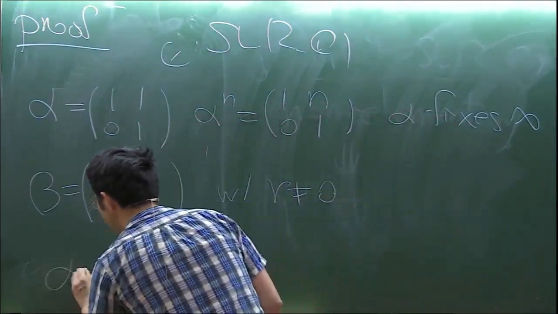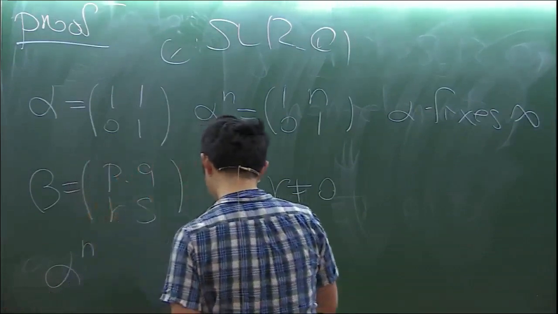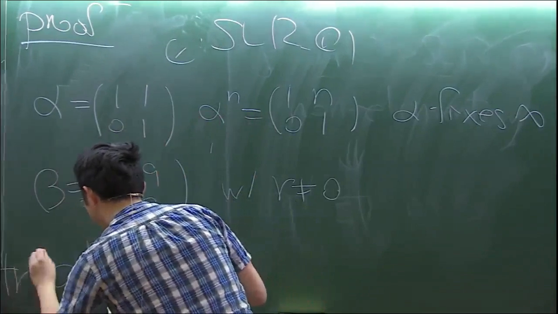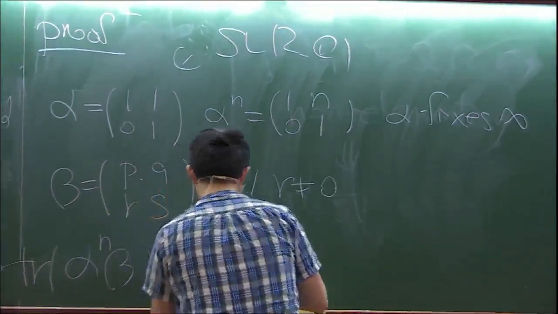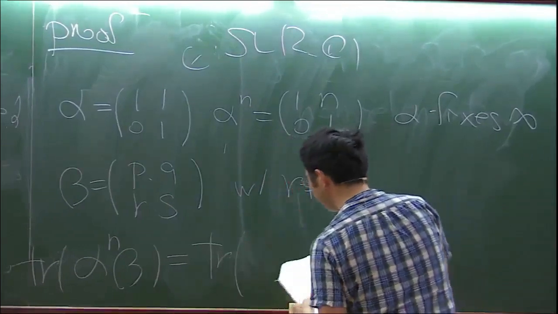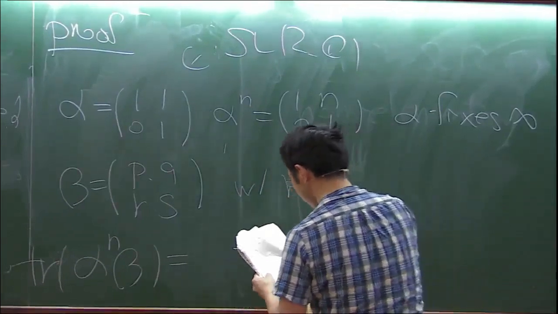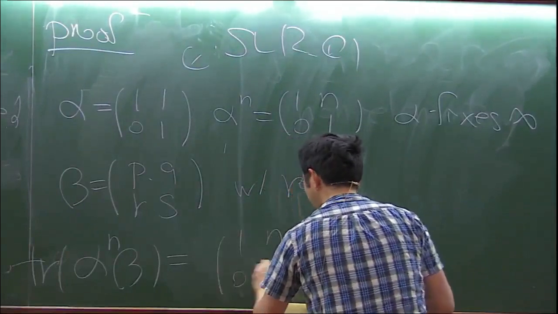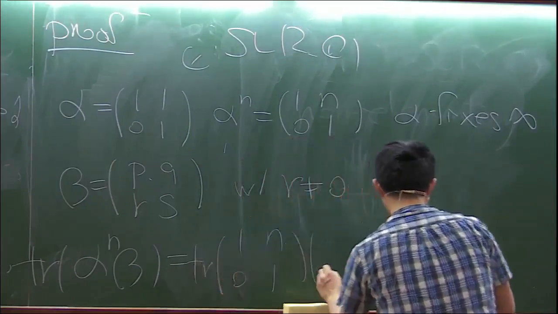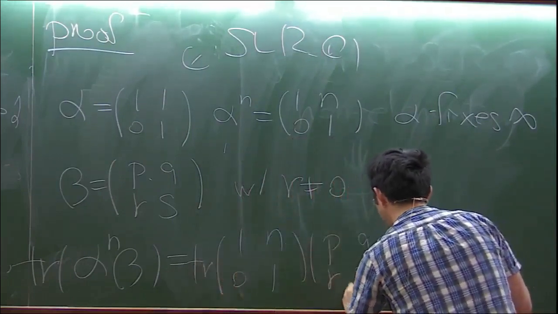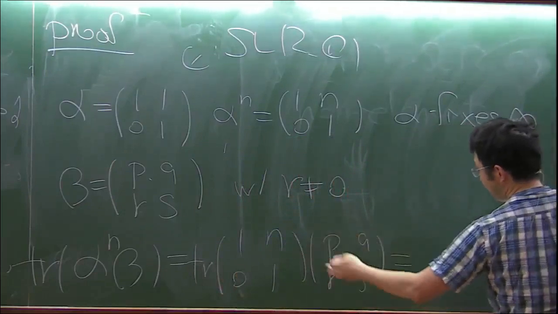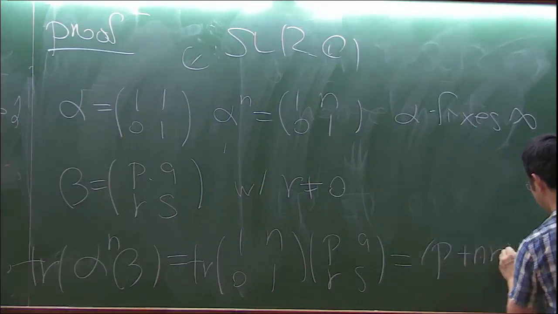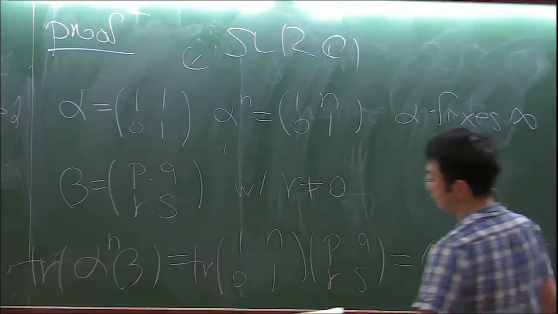So if you calculate the trace of alpha to the n beta, it's just the matrix 1 n, 0 1 times PQRS, and calculating only the diagonal entries, you see that P plus nR plus S is the trace of this composition.